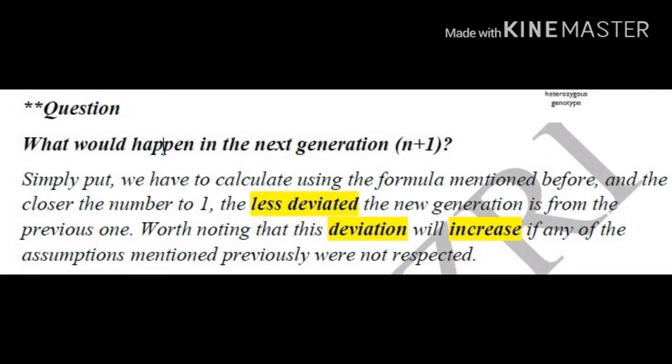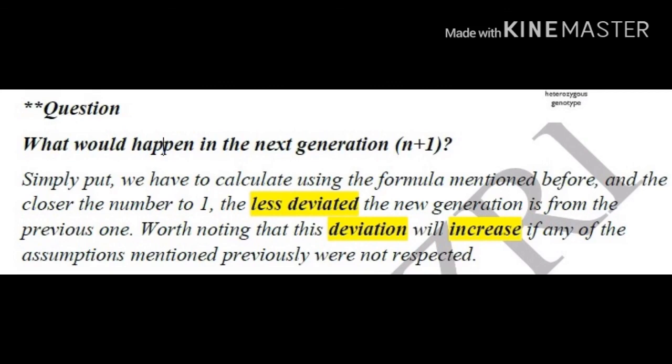Next, we've got the Fn, which is the frequency of the genotypes in this generation, referring to the generation at hand. Fn+1 is the frequency of the genotypes in the next generation. Also, by the way, we can add Fn+2, Fn+3, for the next and next generation. We can easily calculate it.